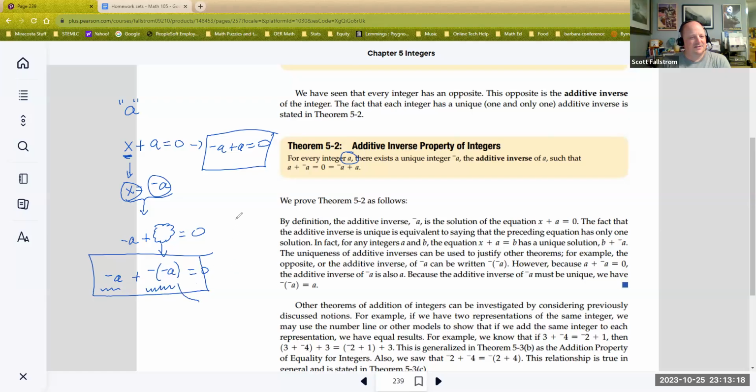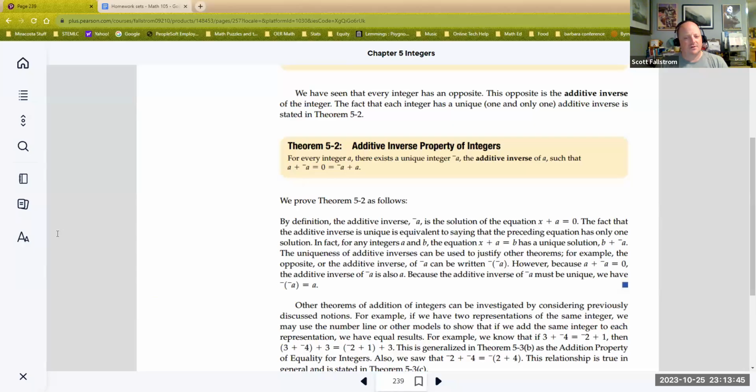So this is the piece that tells you, hey, guess what? a is equal to the opposite of its opposite. So we can actually say no matter what you do, that thing is actually unique. So any number you can think of, I can think of an additive inverse that I would add to get back to 0. That's the big piece here about additive inverses.